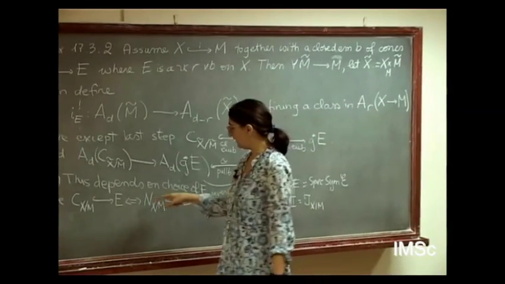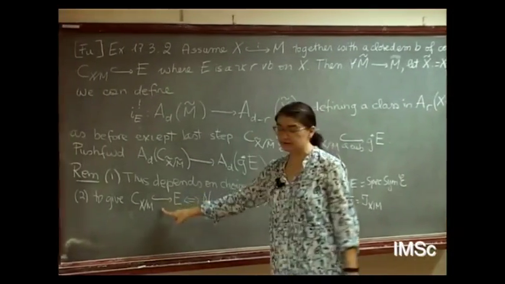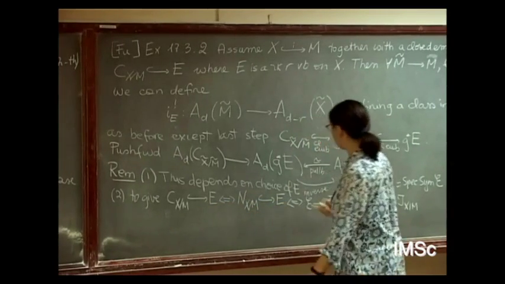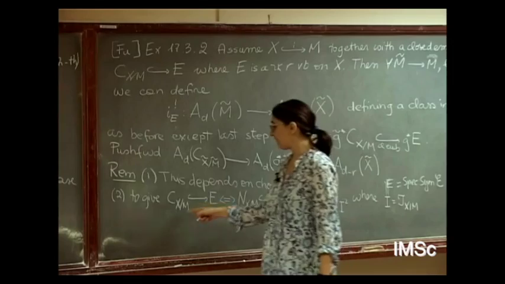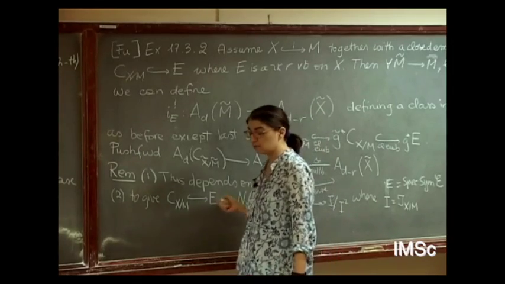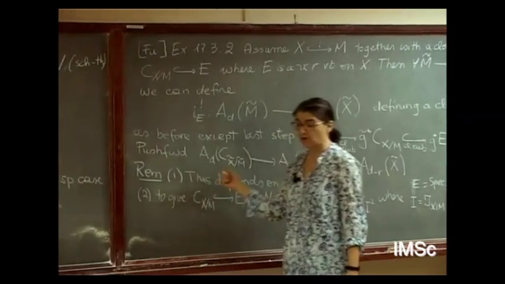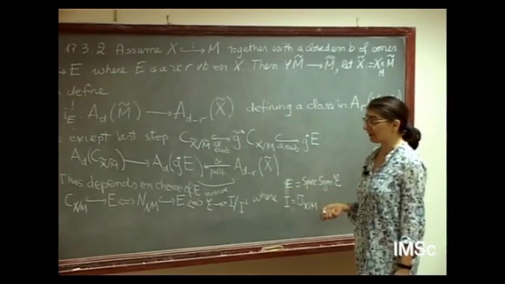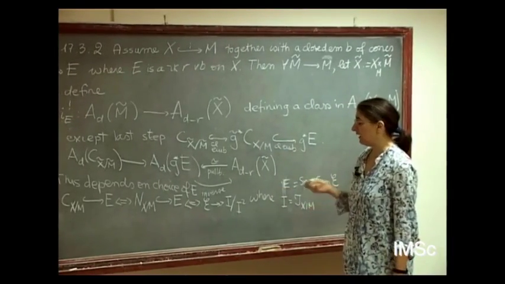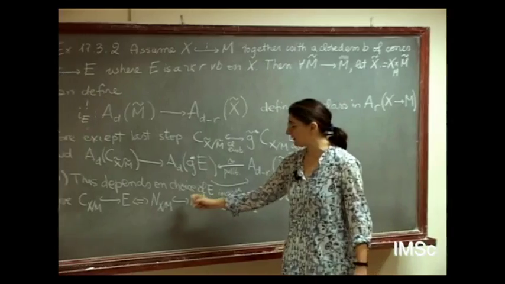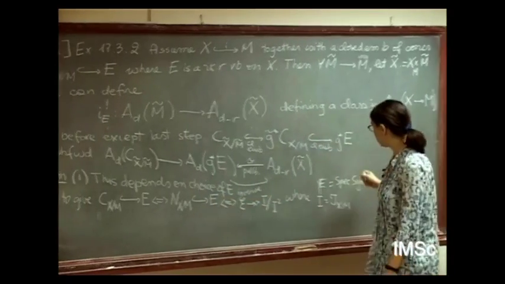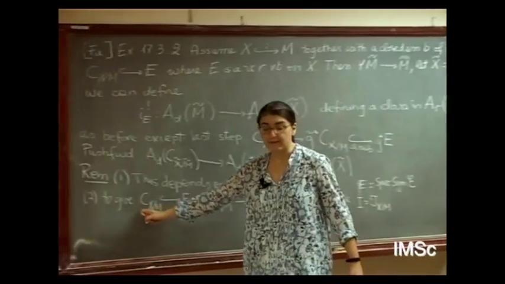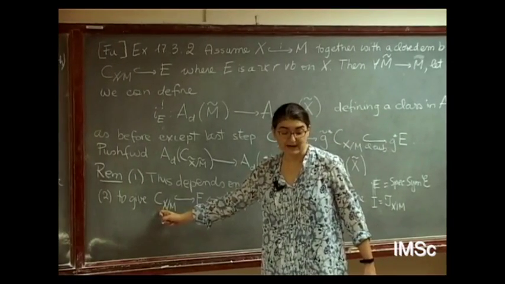So certainly if this is a closed embedding, then so it is this, because this is a closed embedding in this one. But on the other hand, to have a closed embedding corresponds to having a surjective morphism of graded algebras. And it's surjective if and only if it's surjective in every degree, and in degree 1, this is Spec Sym E, so the degree 1 part is E, and the degree 1 part of this one is I mod I squared.